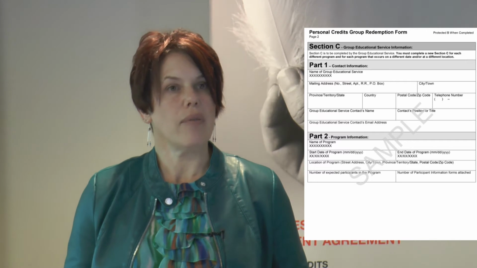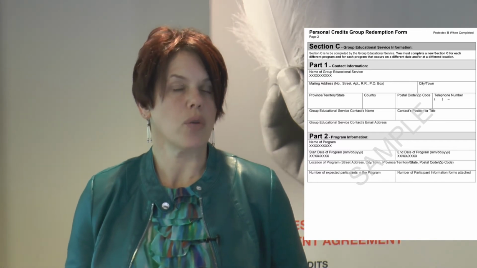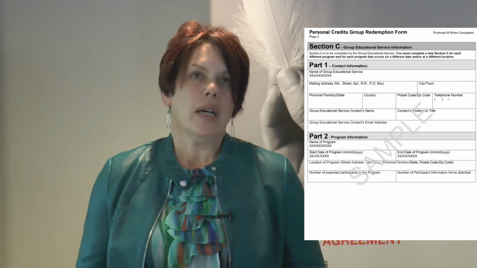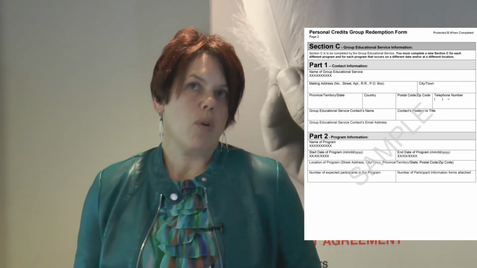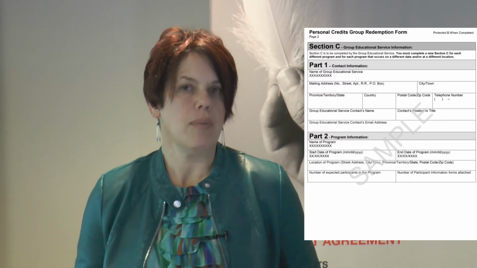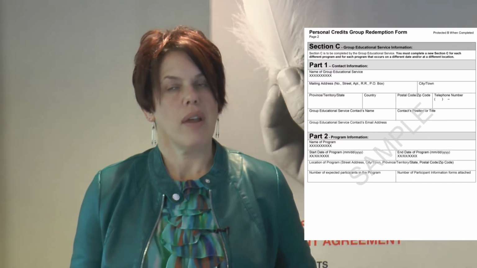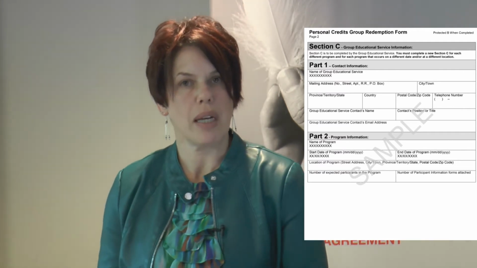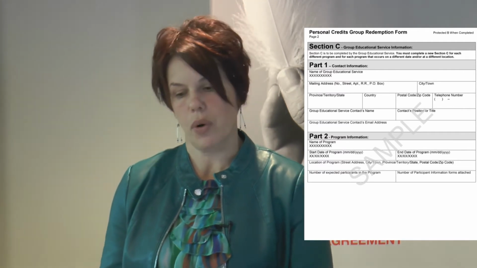So if you have a First Nation or an organization that is going to do some programming with about 100, as an example, 100 CEP recipients, then they're expecting about 100 people to contribute and pool their money and their credits into this program.